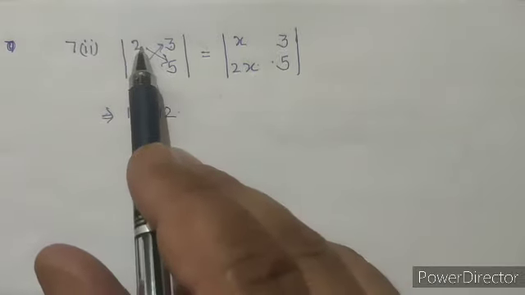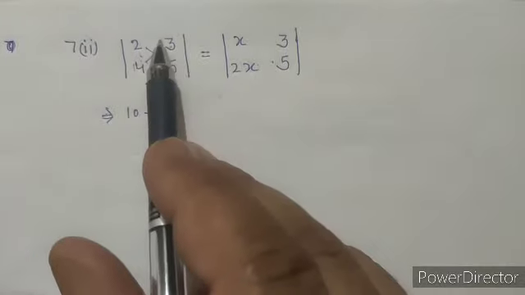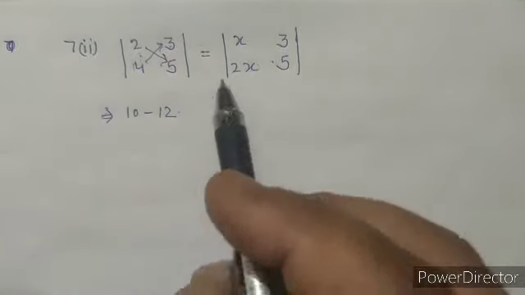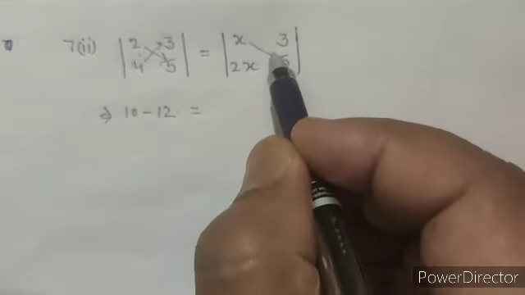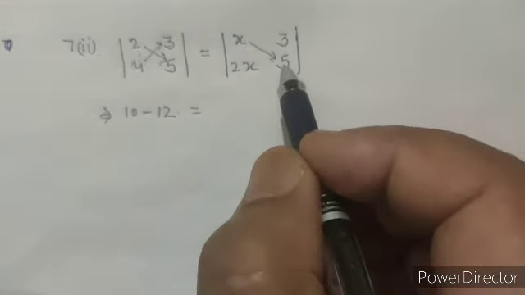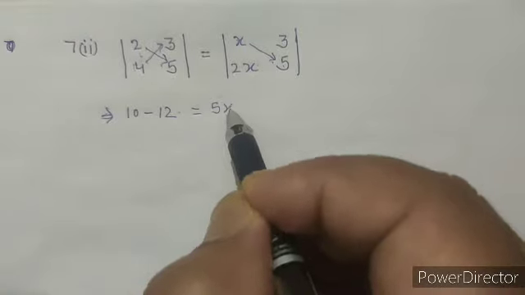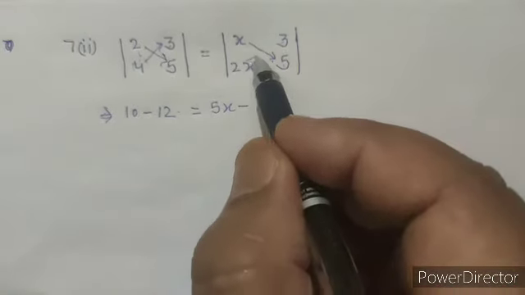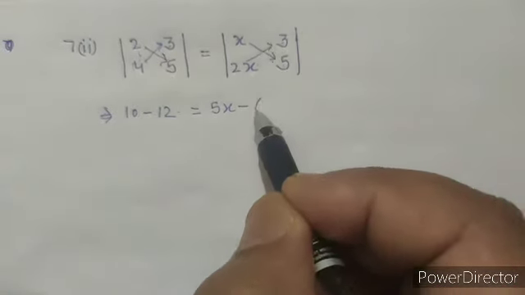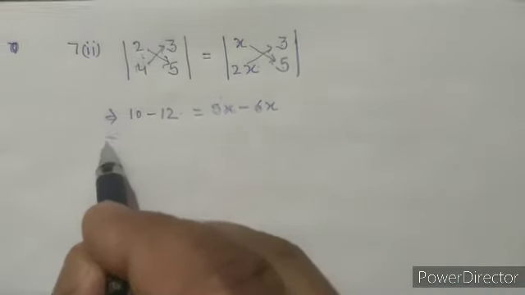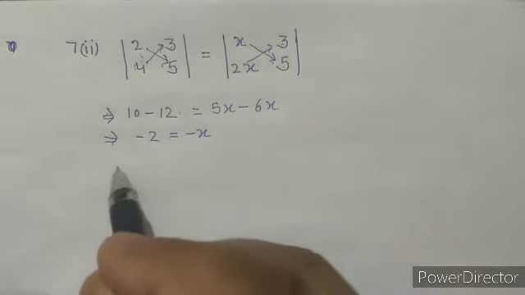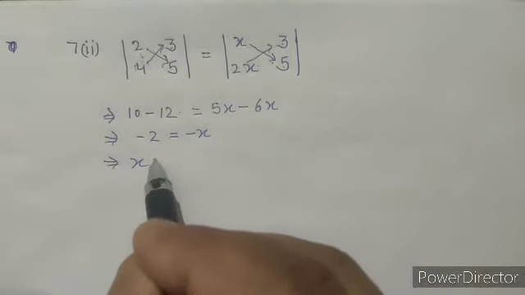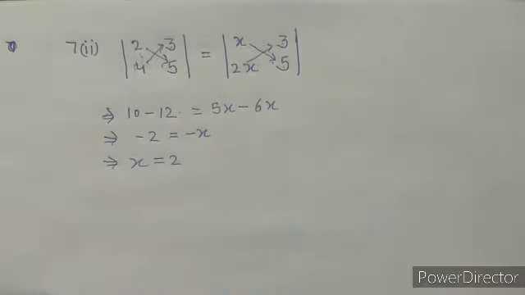The value of the determinant on the left hand side will be 10 minus 12, and that will be equal to, on the right hand side, the value of the determinant will be x into 5, 5x, minus 3 into 2x, 6x, and that will give us minus 2 equal to minus x, or we can say x equal to 2.